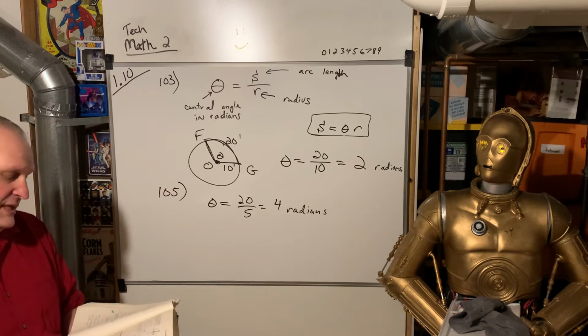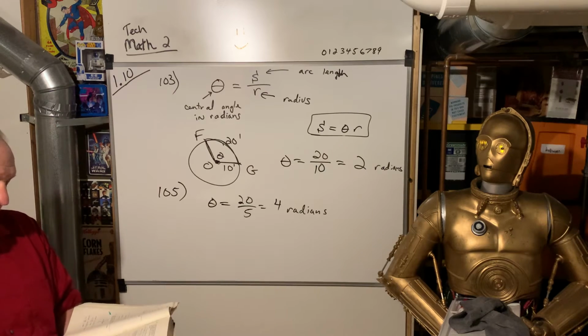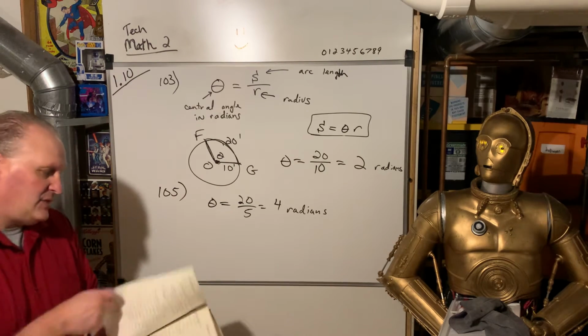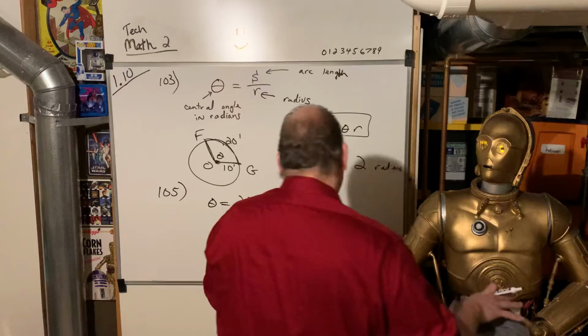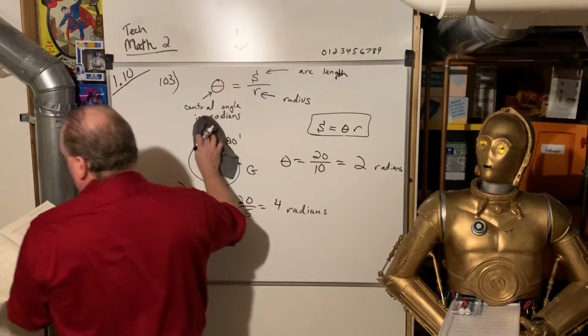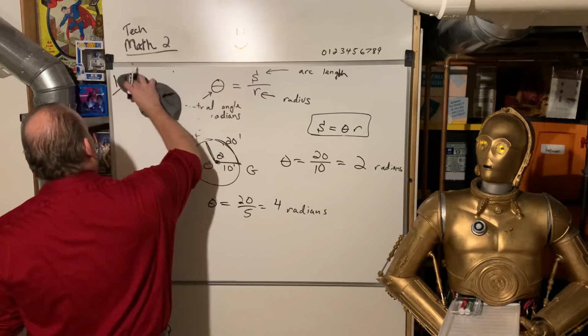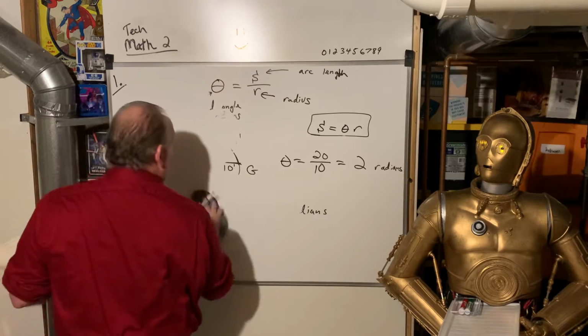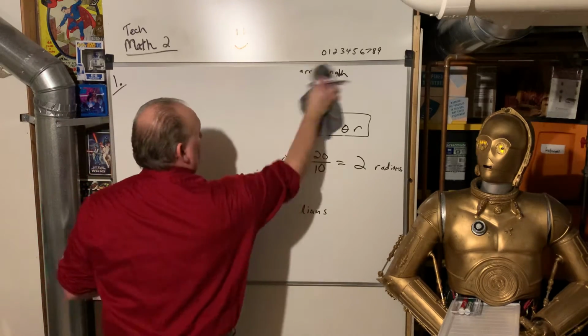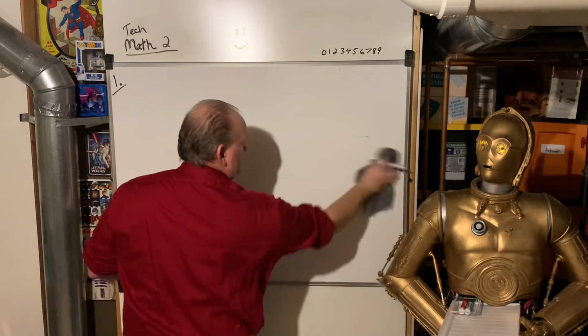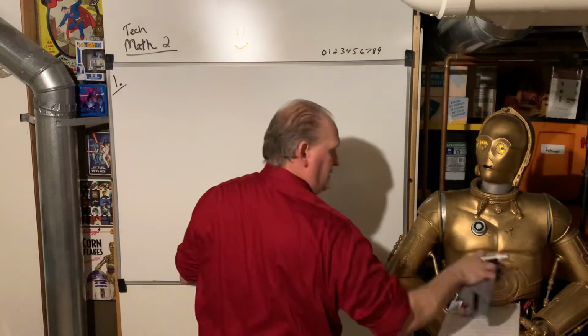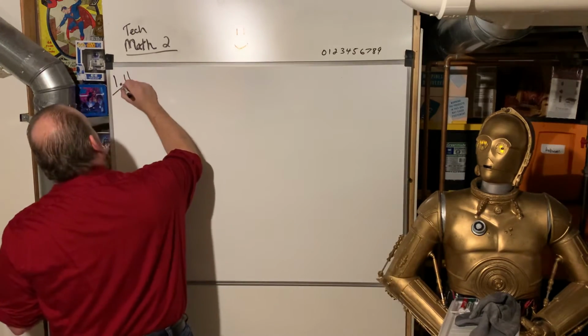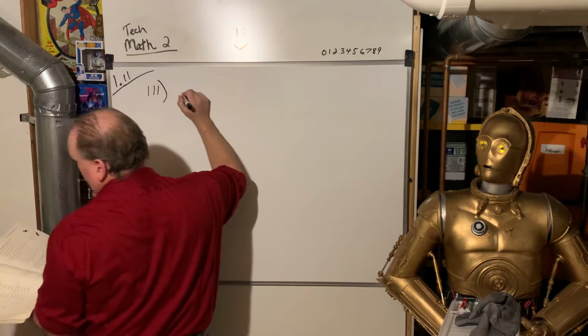Okay, so let's look at radians in terms of pi. That's 1.11, and then also 111.